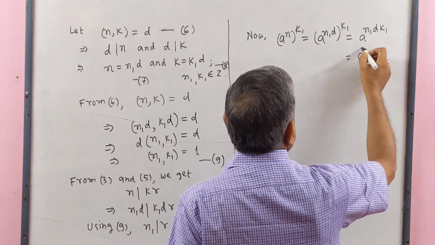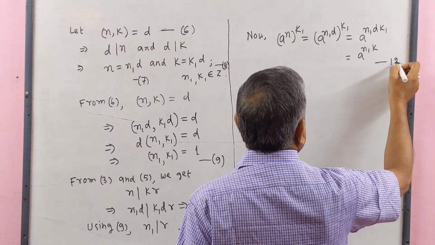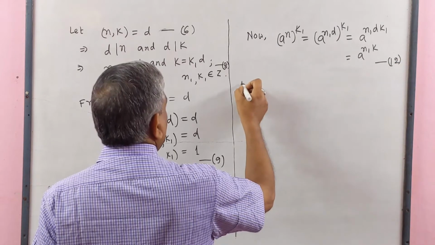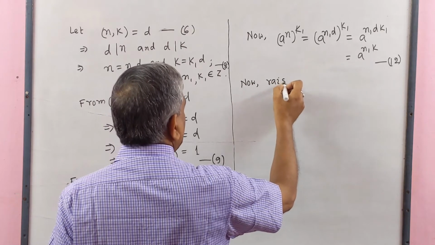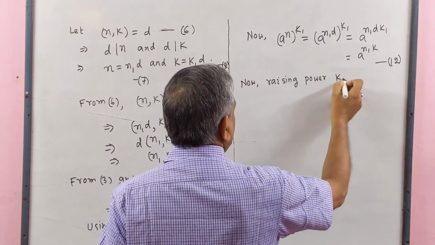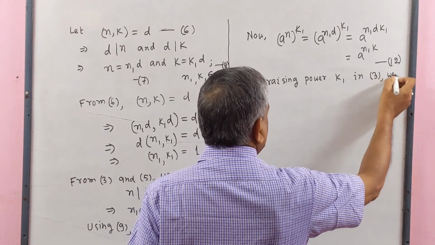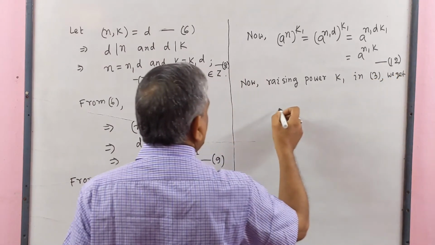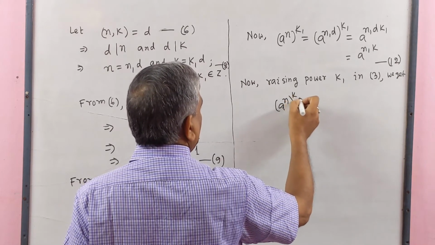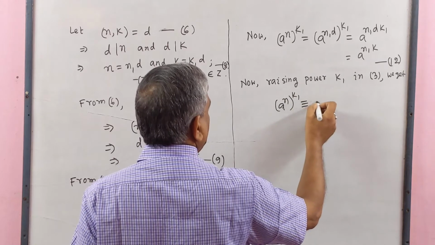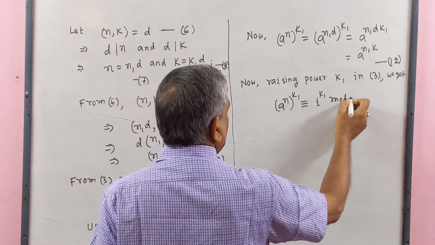A to the power n1k. Let this be number 12. Now raising power k1 in theory, we get a to the power n to the power k1 is congruent to 1 to the power k1 modulo m.